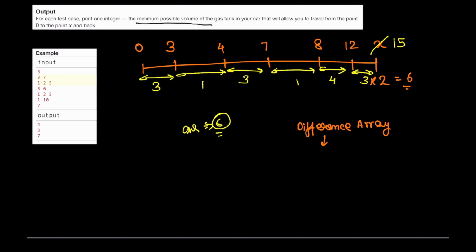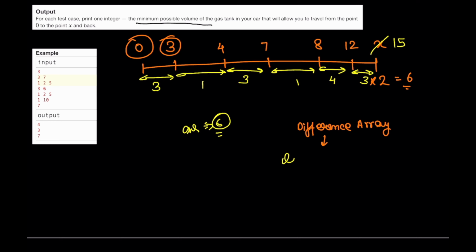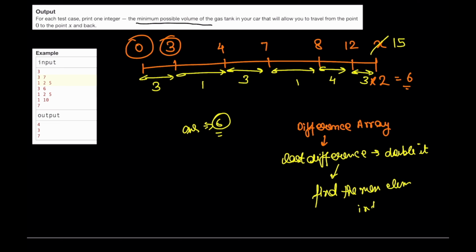The difference array would store the difference between any two neighbors, like this minus this, this minus this, and so on. And the last difference we will double, and then we'll find the maximum element in the difference array. That is what we are going to do.